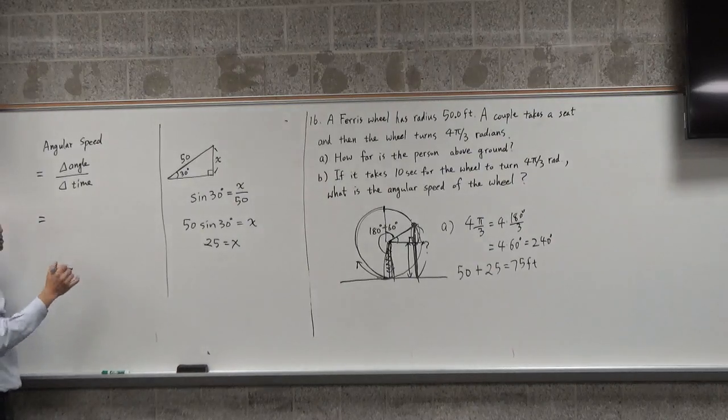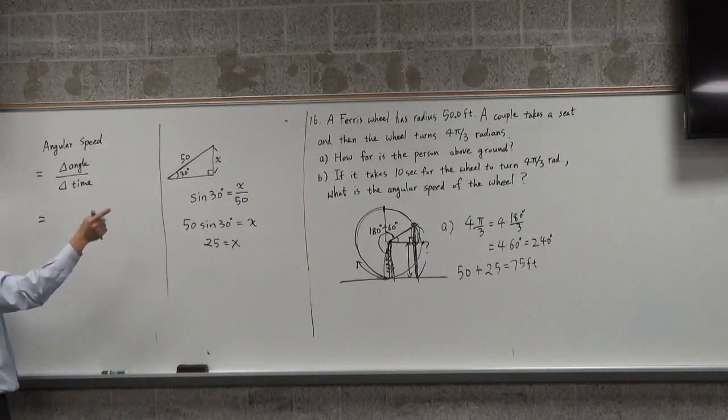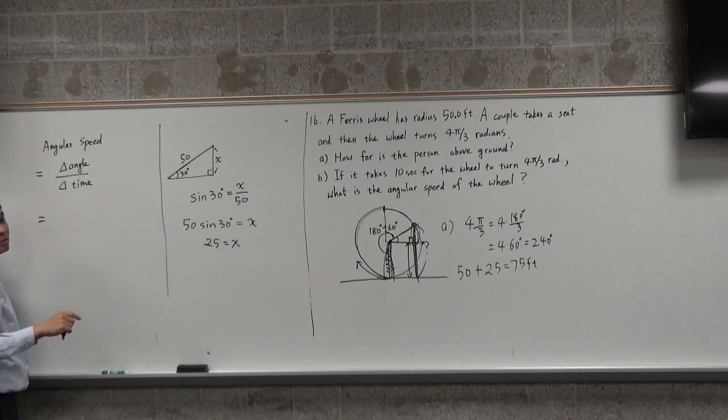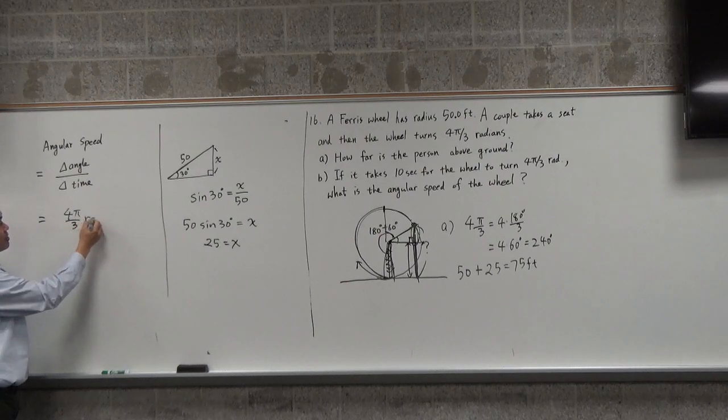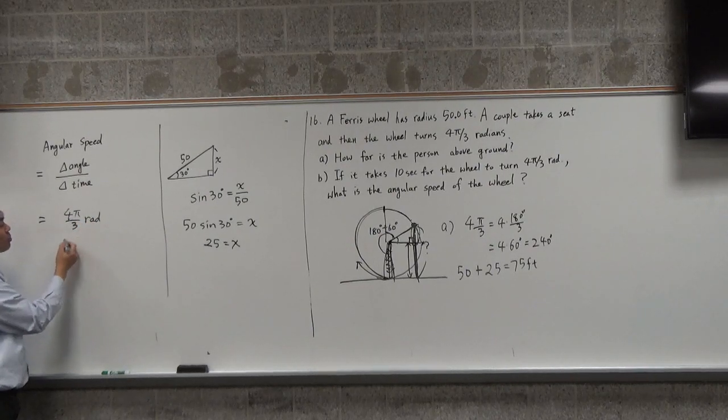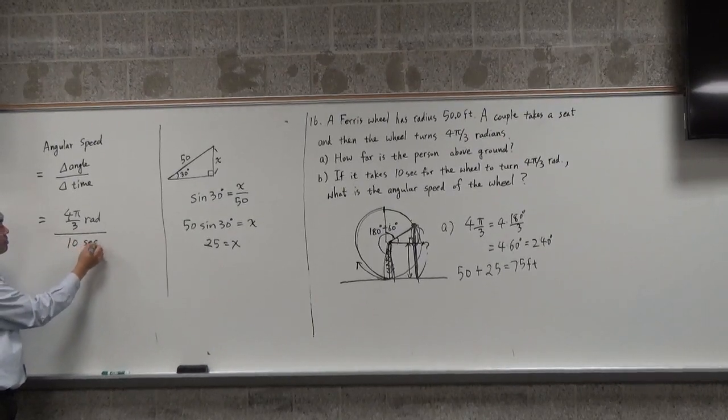So how much angle has changed? What's the change in angle in 10 seconds? You can answer this in two different ways. If you go with radians per second, it's 4 pi over 3 radians, right? And this much was turned in how many seconds? 10 seconds. Okay.